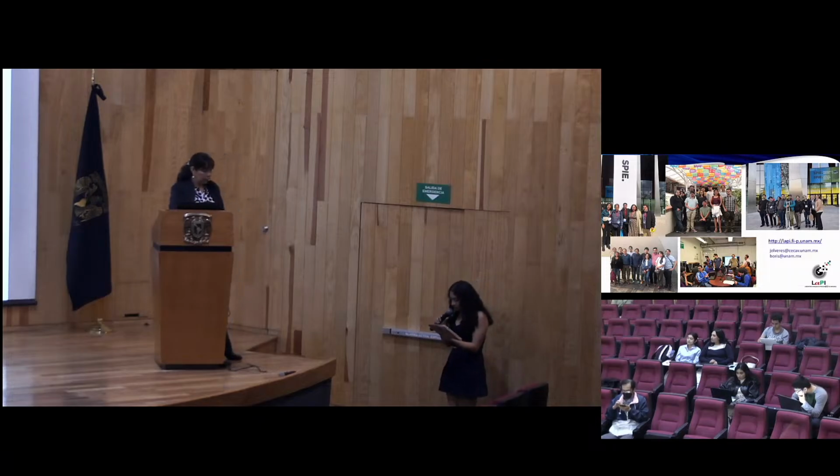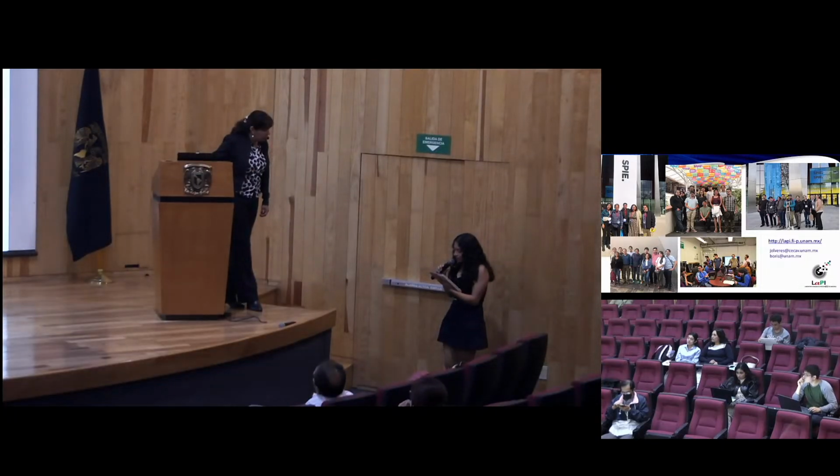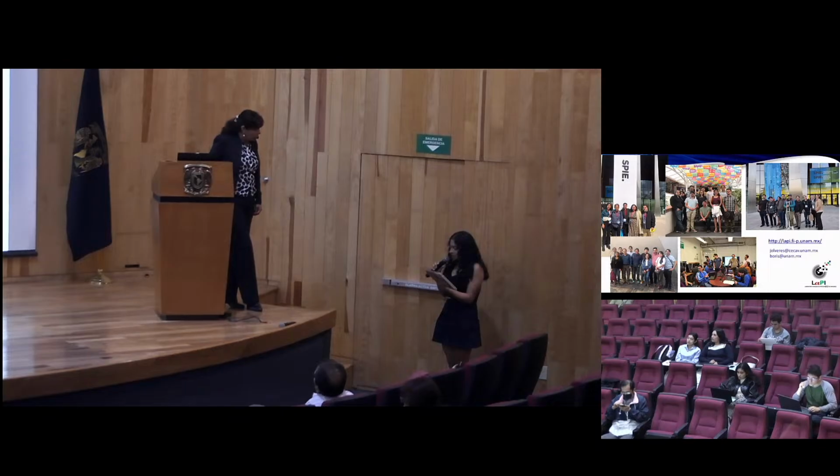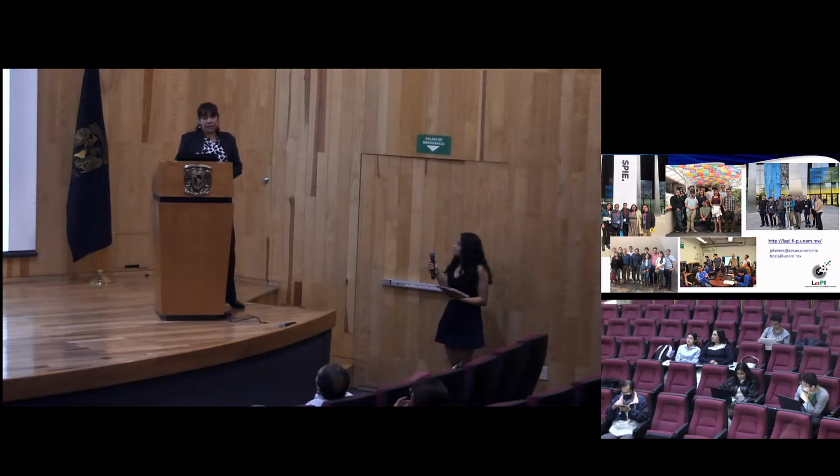The next question says: how is the challenge of anatomical variability across patients addressed, and in which organs or body parts is this challenge most significant? Very good question. It's significant.